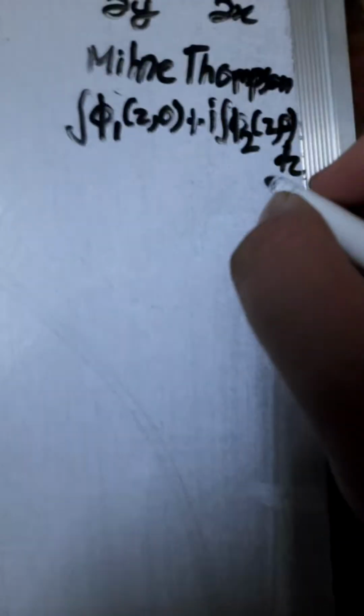So what happens here is, sorry, wait a quick second. So phi 1 here is, since we have to take the first function as the related function.